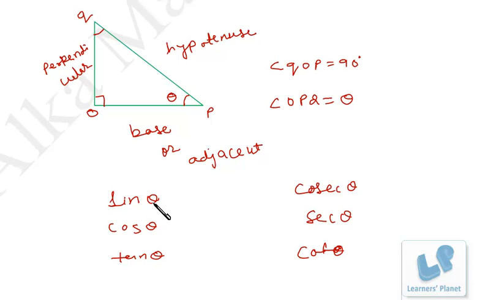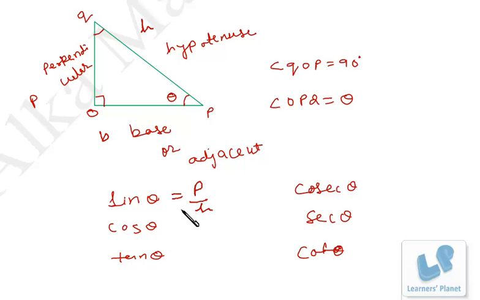Now sine theta is what? It's a trigonometric ratio between perpendicular and hypotenuse. If I represent perpendicular as P, hypotenuse as H and base as B, so I just write the relationships among ratios or sides and trigonometric ratios, right? So sine theta is what? It is the ratio of perpendicular and hypotenuse. So precisely I can say P by H, right?